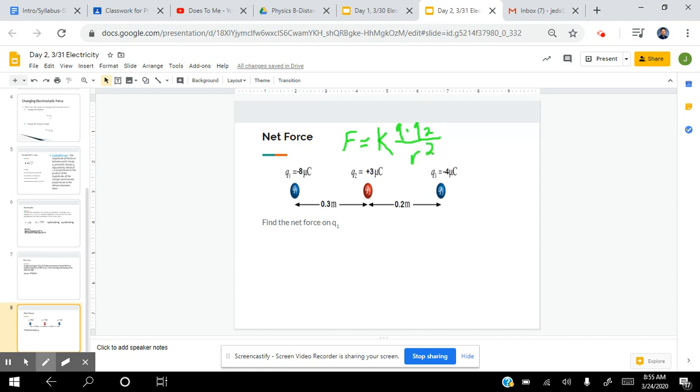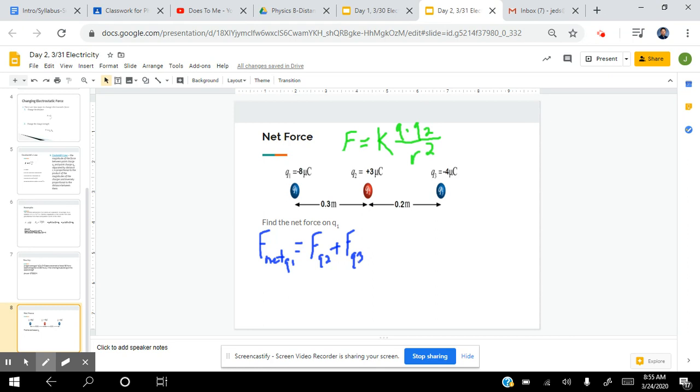So what that's going to look like in terms of net force is, if you think back to when we did net force for two-dimensional objects, we're just going to say my net force on Q1 is equal to the force applied by Q2 plus the force applied by Q3.